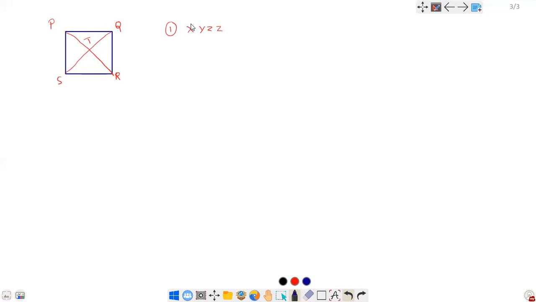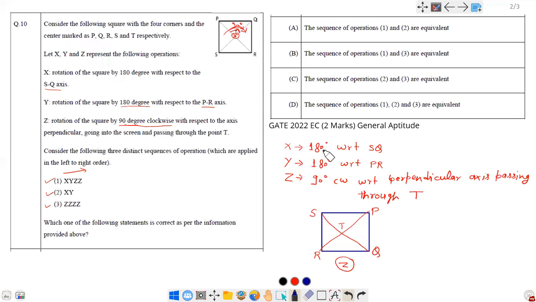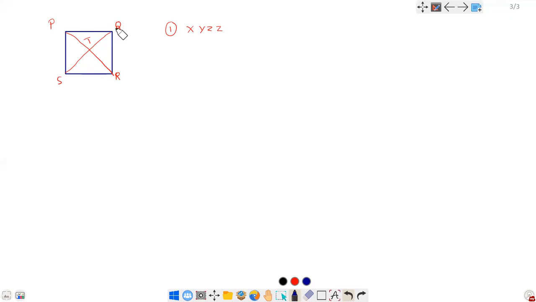The first operation is X. What does this operation say? 180 degrees with respect to the SQ line. So we rotate 180 degrees with respect to this SQ line. P has reached this side and R has reached this side. That is a 180 degree rotation.